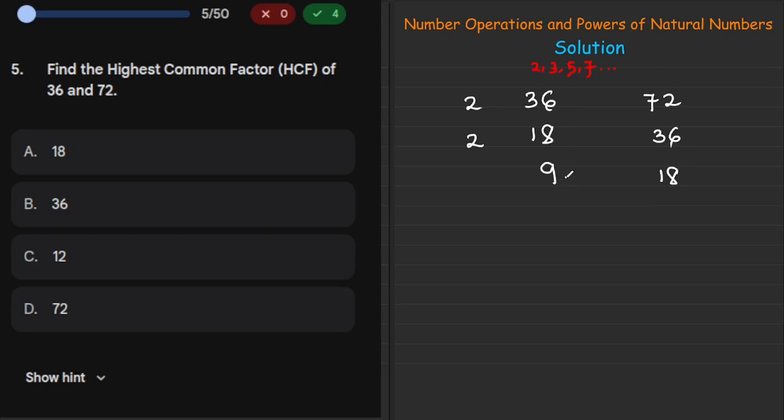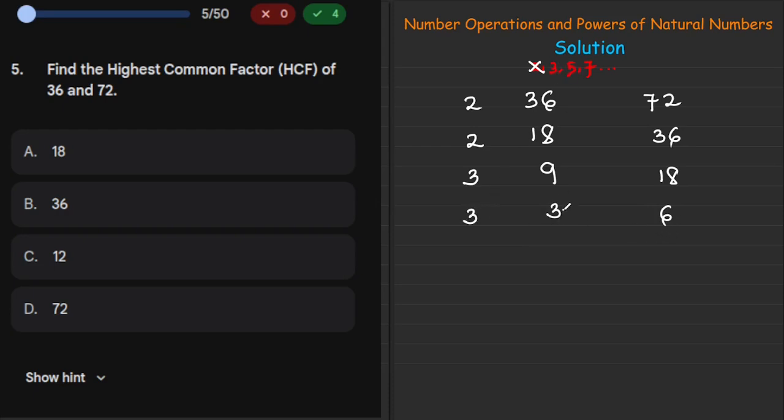We come again. 2 does not divide 9, so we cease to use 2. Then we come to 3. 3 divides 9 and also divides 18. So we have our 3 here, and 3 divides 9 3 times. And then it divides 18 how many times? We have 6. We can still use 3 again.